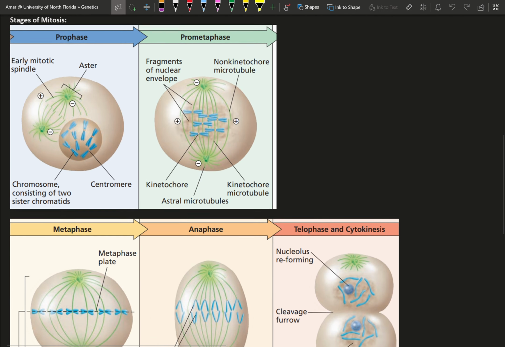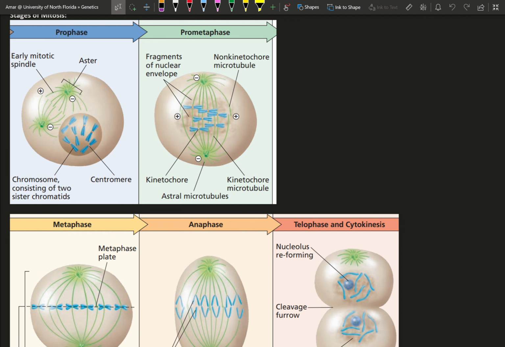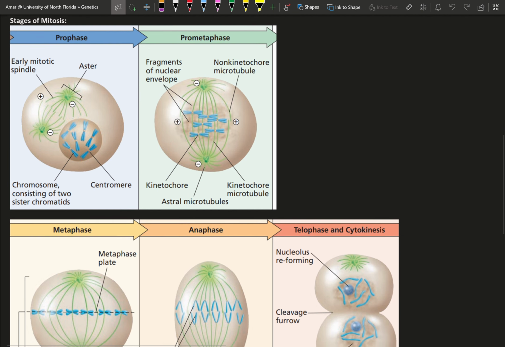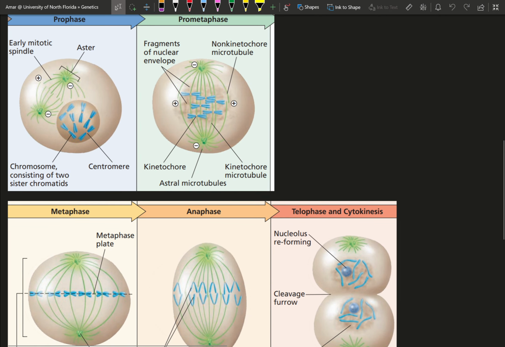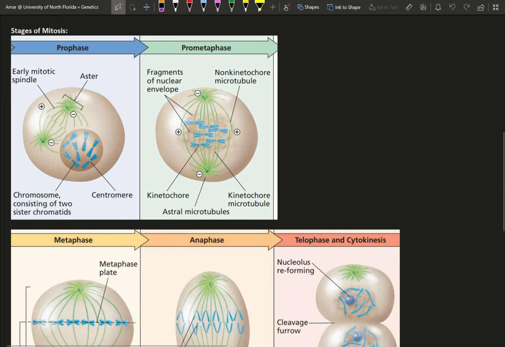And then there are 5 important stages of meiosis, or the M phase. In prophase, your chromosomes condense into these chromosomes, those two sister chromatids, and the spindle apparatus starts to form.